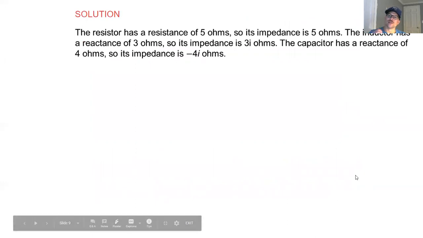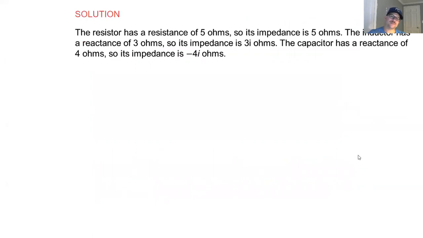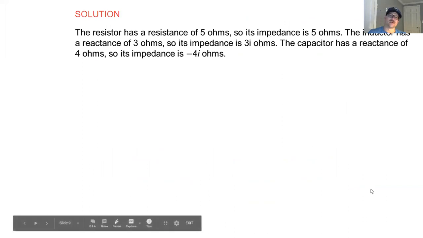So here's how we're going to solve this. Again, we're going to just replace those ohms with imaginary units. So you have a resistor with a resistance of 5 ohms, so its impedance is 5. The inductor has the reactance of 3 ohms, like what I said earlier, so it's 3i ohms. And the capacitor has the reactance of 4 ohms, so then it's negative 4i ohms.